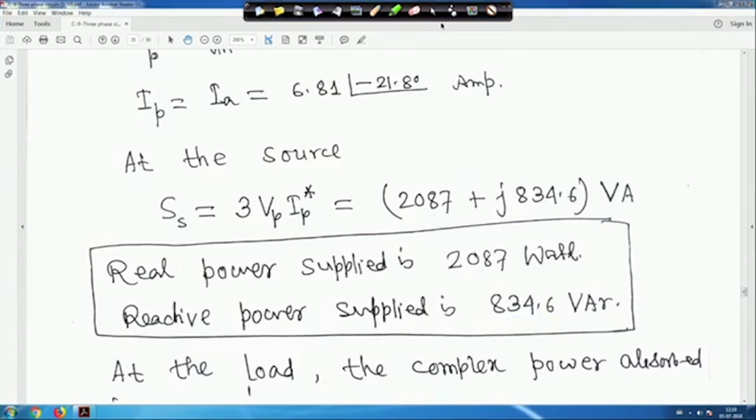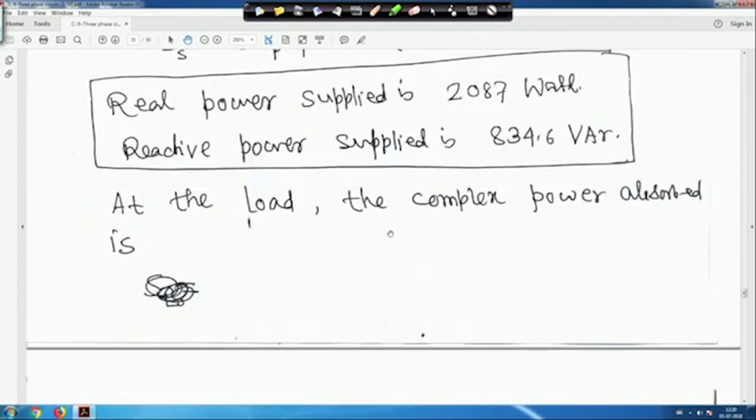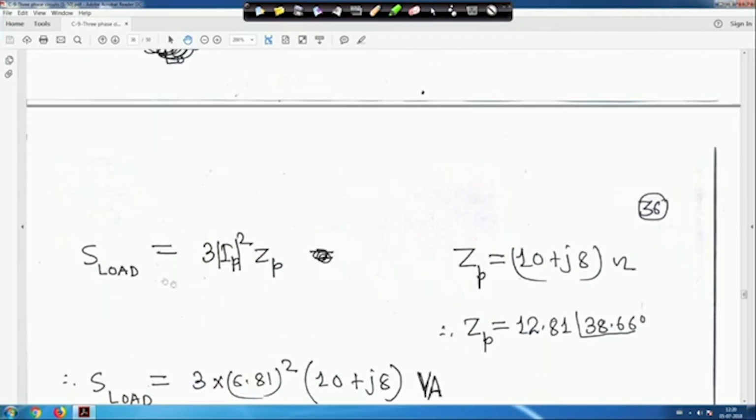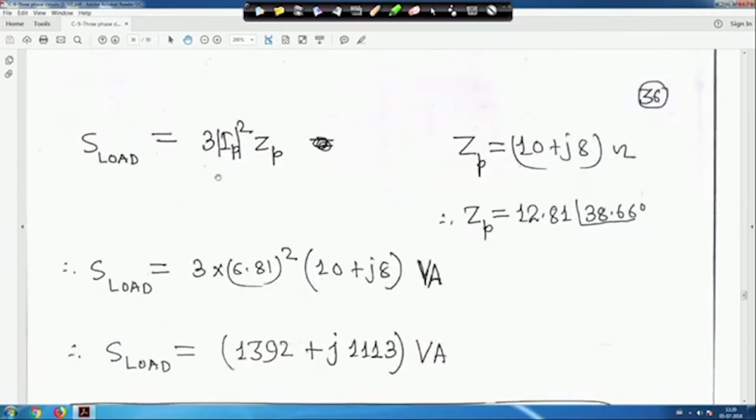Now you see example 2, everything is given. At the load, the complex power absorbed is, so S load is equal to 3 Ip square into Zp. It is a balanced system, so Ip square Zp is per phase, into 3. Zp is given as 10 plus j8 ohm, that is 12.81 angle 38.66 degree.